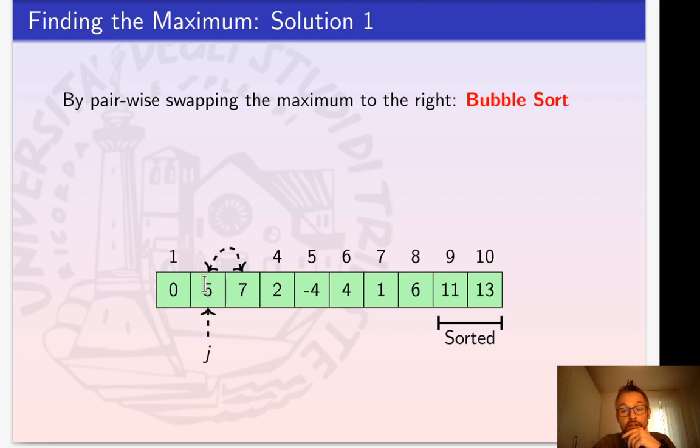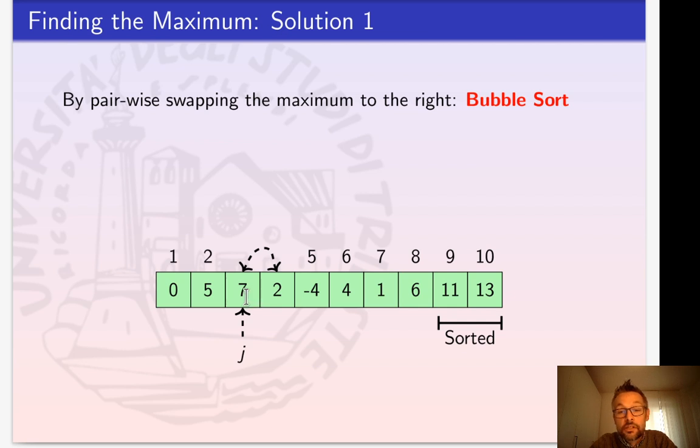So here we are testing whether 5, which is the maximum among the already considered elements, so 5 is the maximum among 0 and 5 itself, of course, and we are testing whether this is greater than 7. So if 5 is greater than 7, and this is not the case, then again we move on, because we discover that 7 is the maximum.